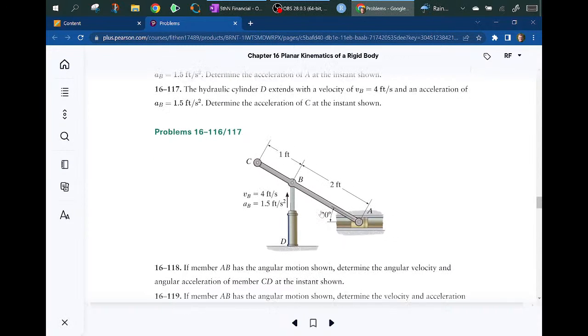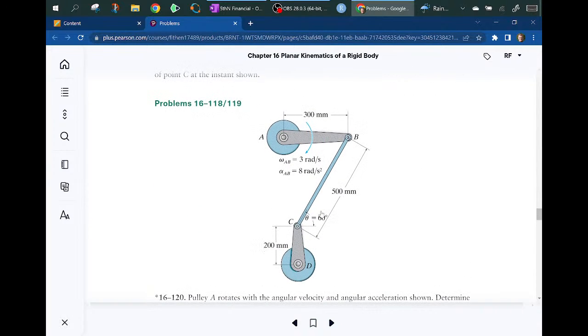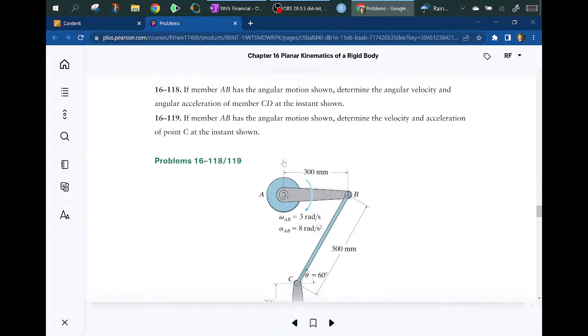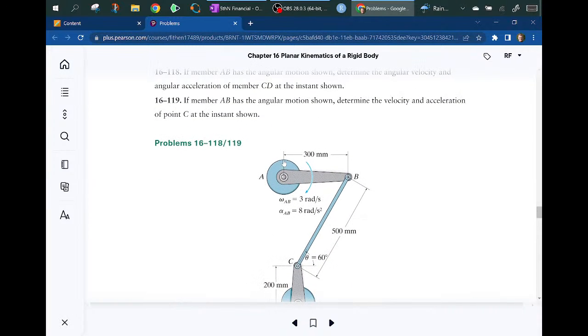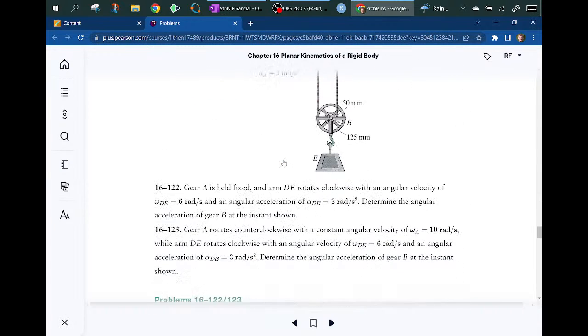I like that one. I might come back and do that one. That one looks interesting as well, though. Let's see, that is 18, 19. I like those two. I'll definitely do those two.